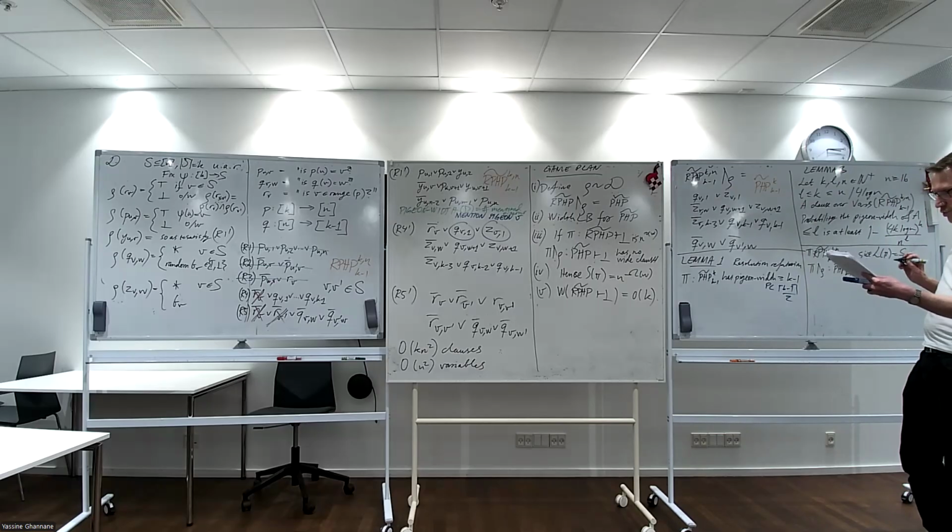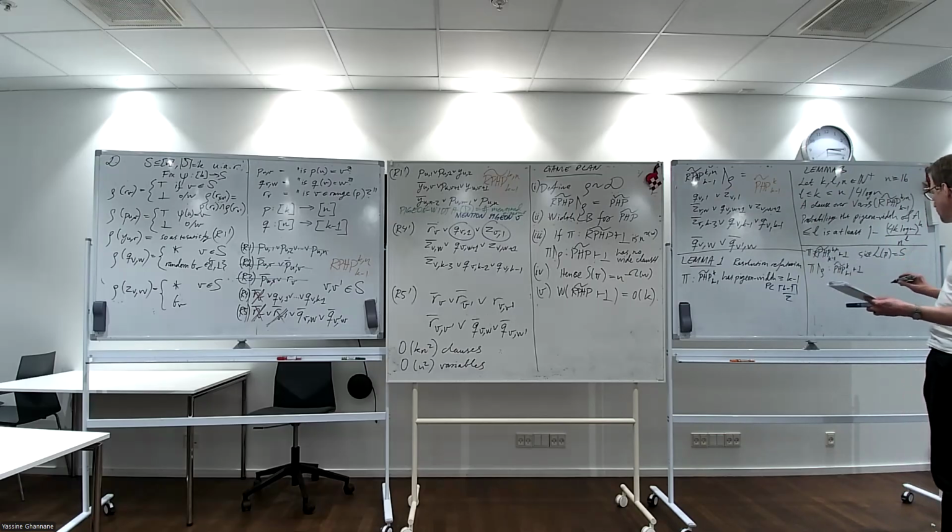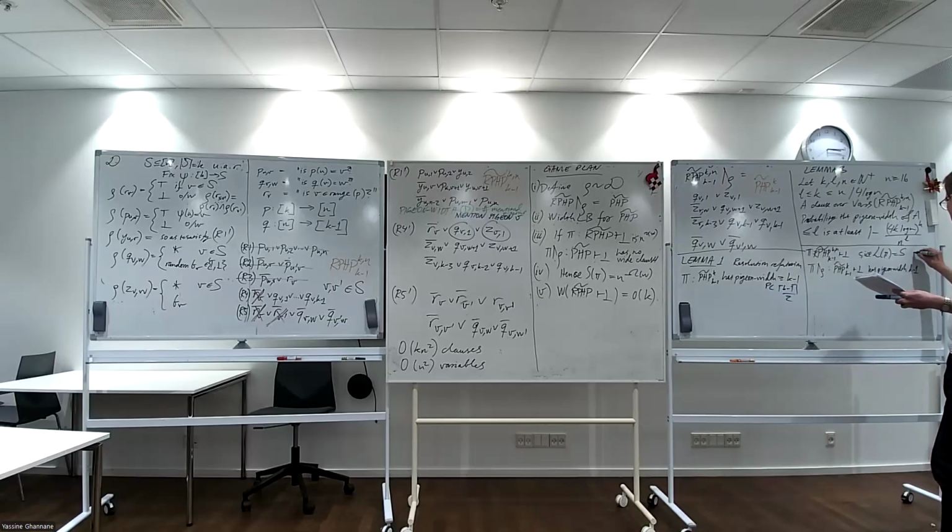So what do I know about this? Well, it's a refutation of the pigeonhole principle formula, so it has pigeon width k minus 1 with probability 1.